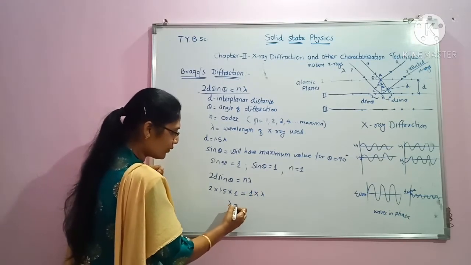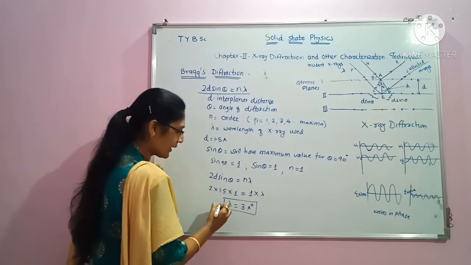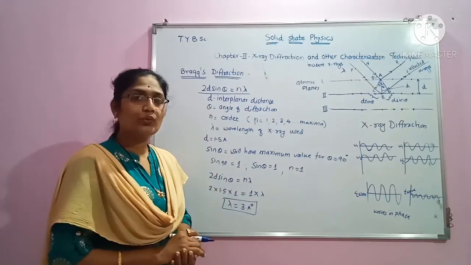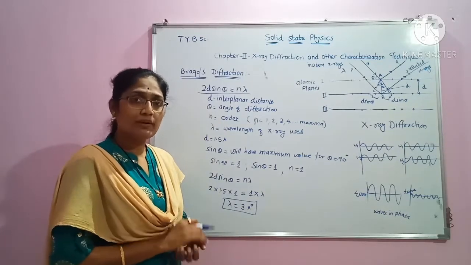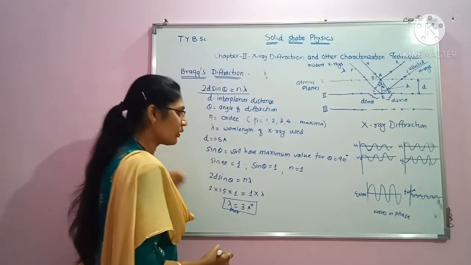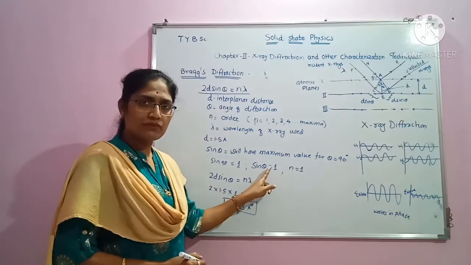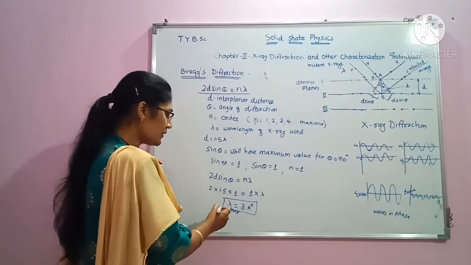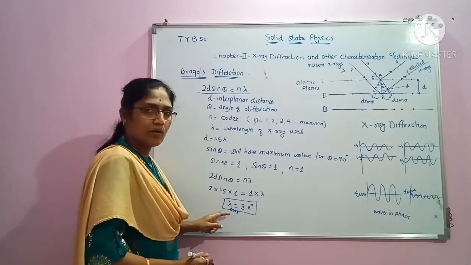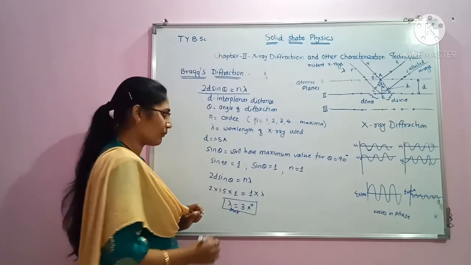So the lambda value comes out as 3 angstrom. This value is called the maximum lambda possible, lambda max, because at this state the sin theta value is 1. Then we will see why it is called the maximum lambda possible, that is 3 angstrom.